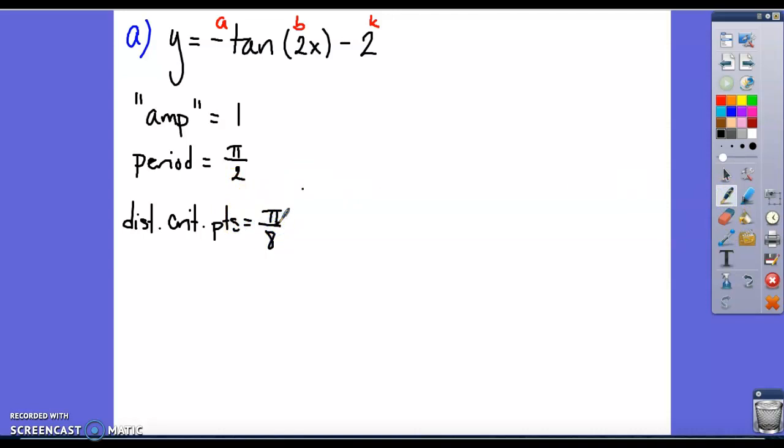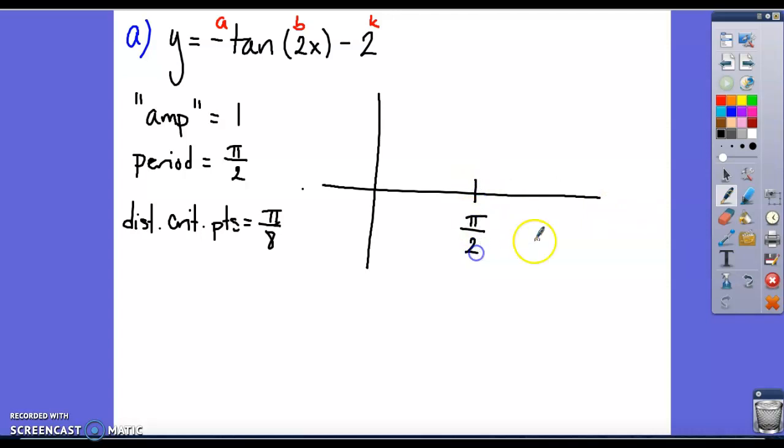All right, so if I need to graph 2 periods of this, I've got my first period at pi over 2. My second period, pi over 2 plus pi over 2, is 2 pi over 2, which is pi.